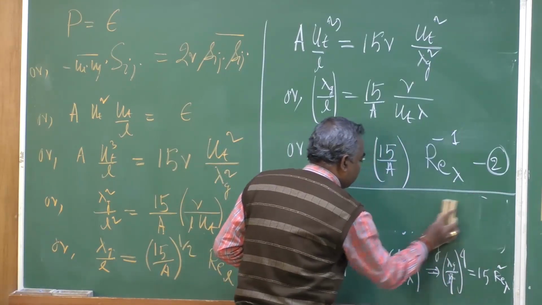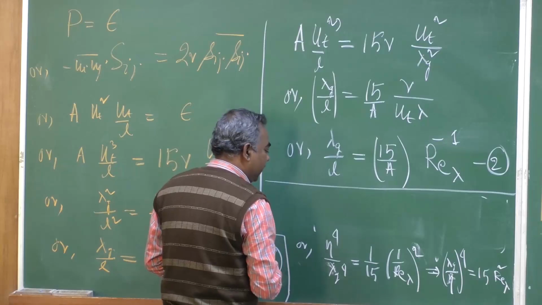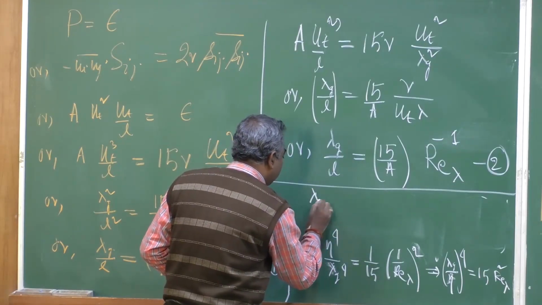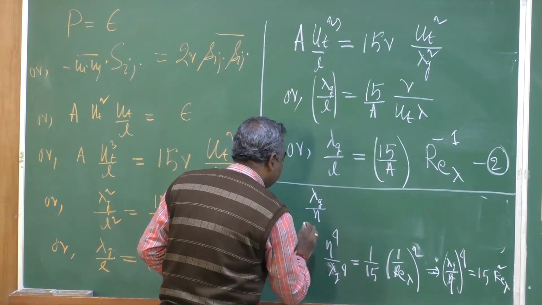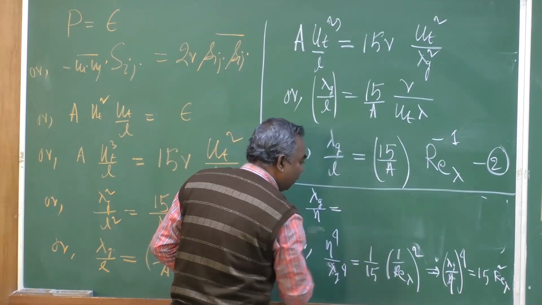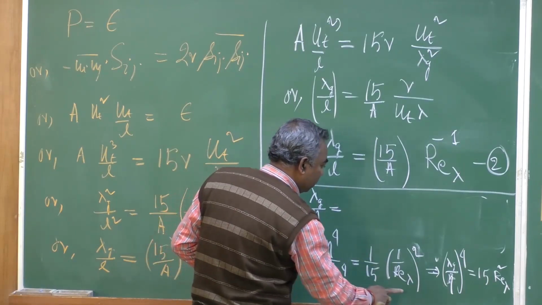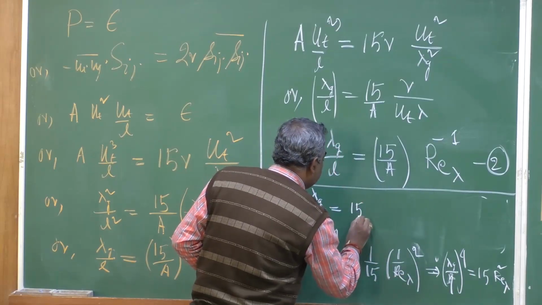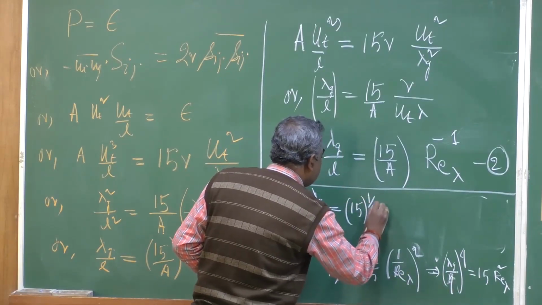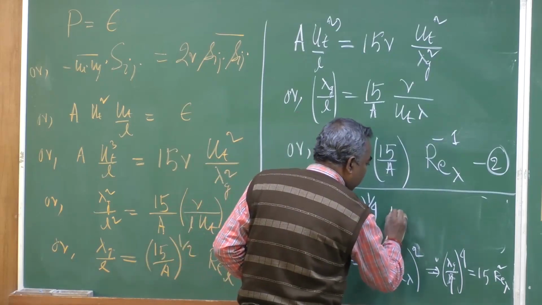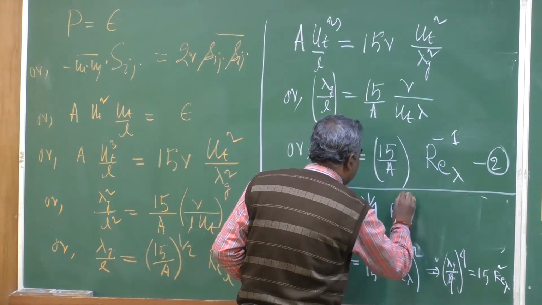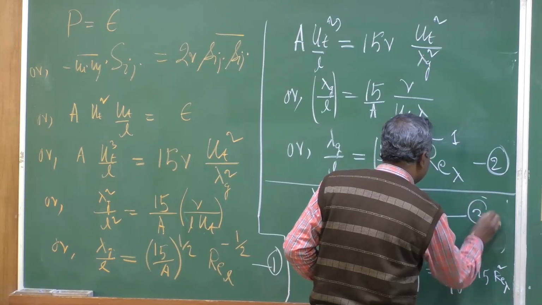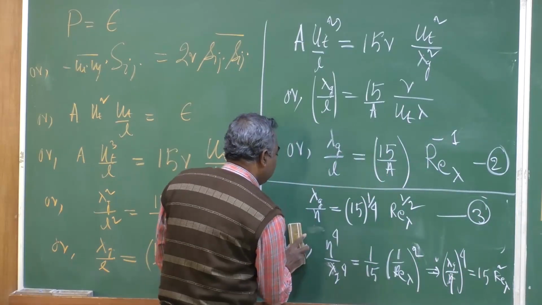The final relation we get from here, the ratio lambda z by eta, is nothing but 15 to the power 1 by 4 and R e lambda to the half. This is relation 3.